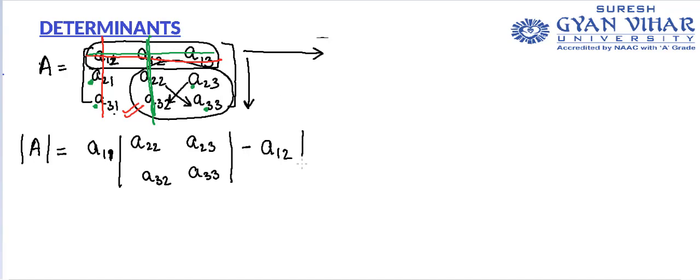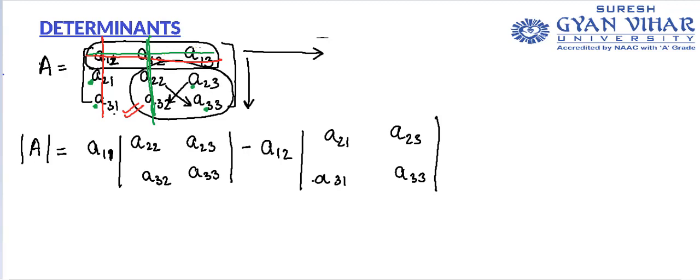So it would be A21, A23, A31, A33. So it's very simple. The green color represents the second square matrix. You have to hide all the rows and columns which contain A12. So this is the way to remember what elements are to be kept here.